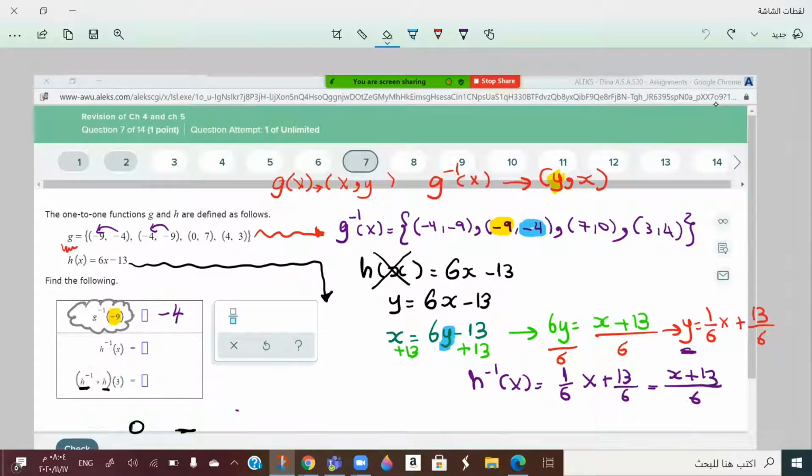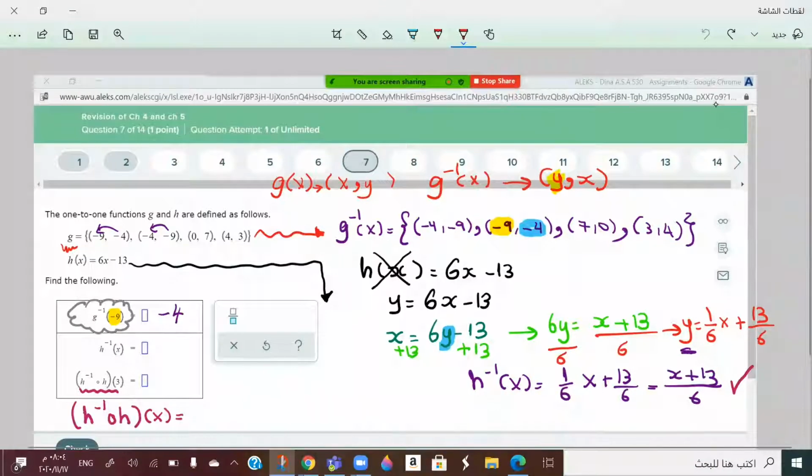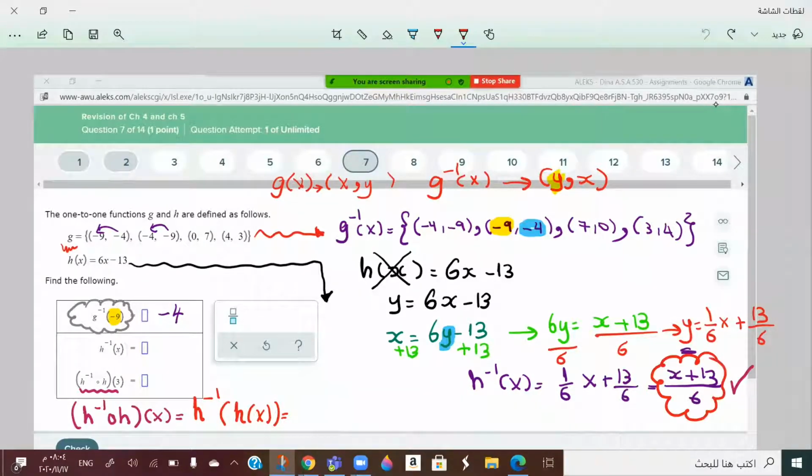So, in this question, the previous one, we already found our H inverse. So now, what is the key for this? We have H inverse O H of X. That means all you need to do is that your input for H inverse should be your H of X. So now go to the H inverse, take it as it is.